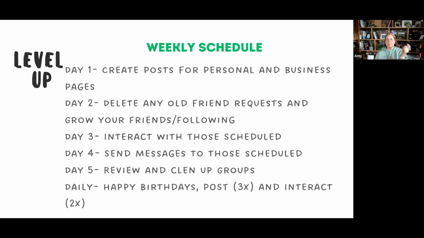Day 1, like maybe Monday, we're creating content for the next week. Tuesday, we're deleting any friend requests from the past week. Day 3, we're growing our following with friend or following requests. Thursday, which would be day 4, we're posting on our business and community pages. And day 5 of our work week, we're reviewing those groups. So just an easy way to throw that into tangible daily activities.